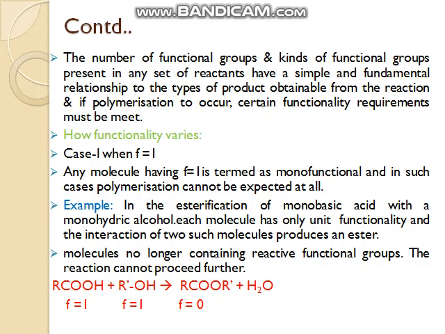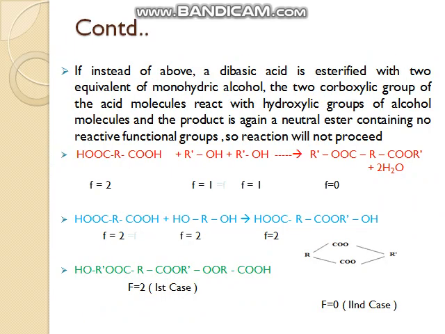In the following reaction, the acid contains one functional group and the alcohol also contains one, and the final product contains no reactive sites, so its functionality is equal to 0. So further reaction cannot proceed in this condition.